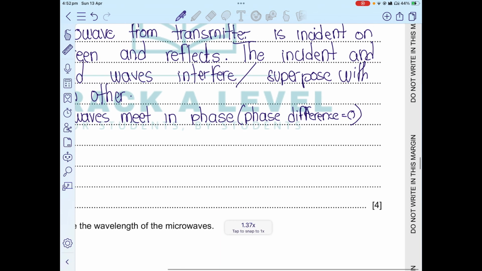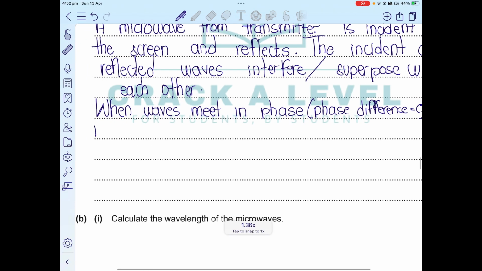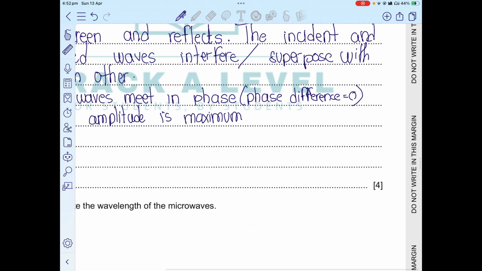When the waves meet in phase, the phase difference is zero. The resultant amplitude is a maximum, and whenever there's a maximum on a stationary wave, an antinode is formed.